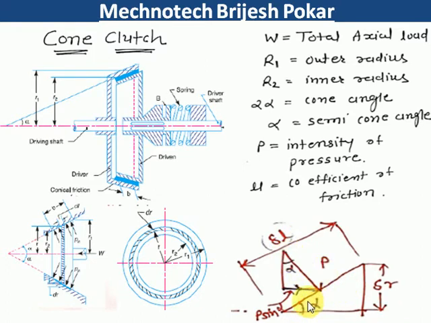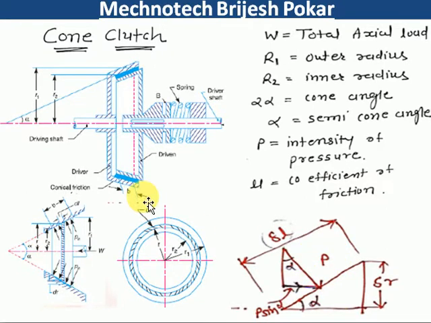Alpha is the semi-cone angle; alpha plus alpha, that is 2 alpha, is the cone angle. R1 is the outer radius and R2 is the inner radius of this friction lining material. W is the total axial load, P is the intensity of pressure, and mu is the coefficient of friction of this material.